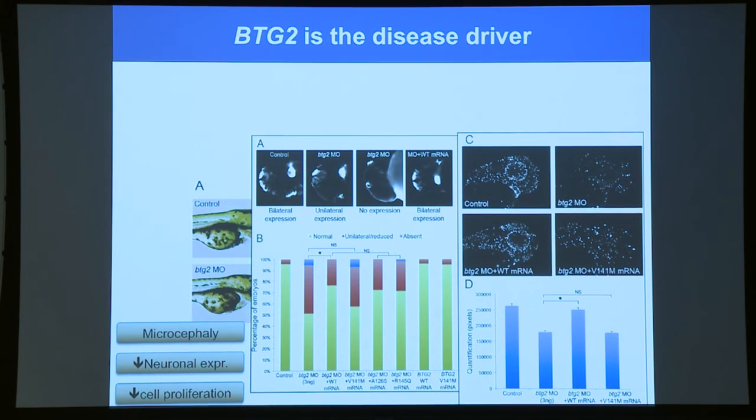The problem is that this mutation in BTG2 reverses to the mammalian ancestral state, right? So it basically is the native amino acid in fish and in many mammals, right? So the variant which is wild type in humans is only found in primates.